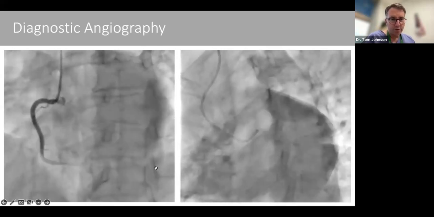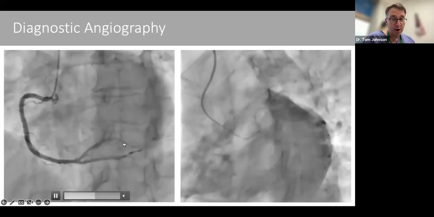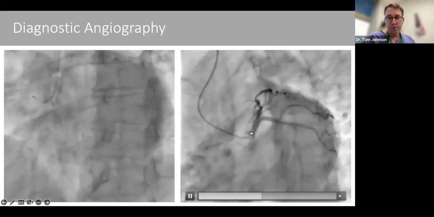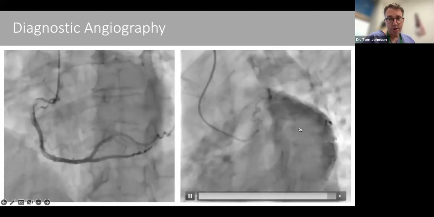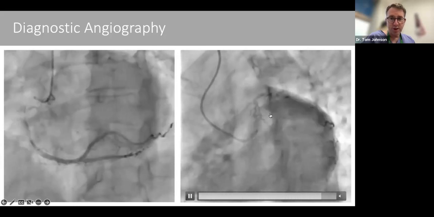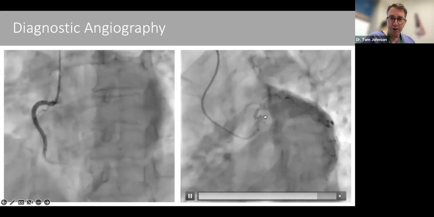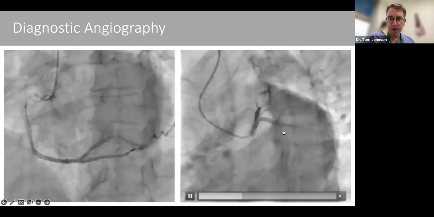So we see a dominant right coronary with really very little in the way of obvious angiographic atheroma. And then from this spider projection, we see a circumflex, again relatively free of disease, and just the suspicion in that iliocaudal projection of maybe something associated with the diagonal branch.